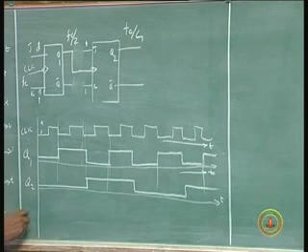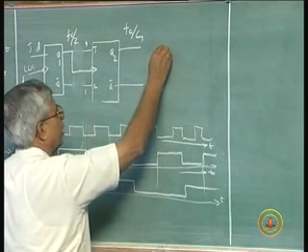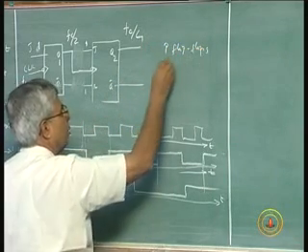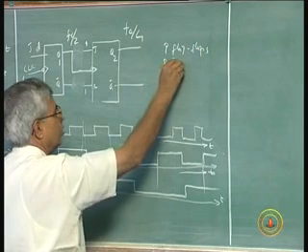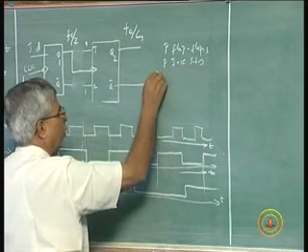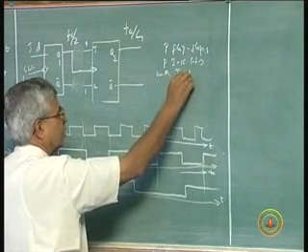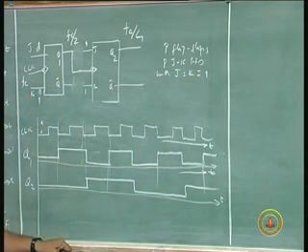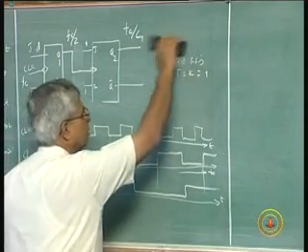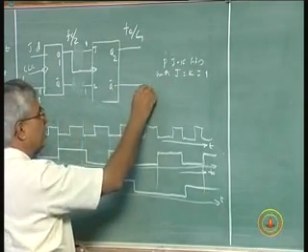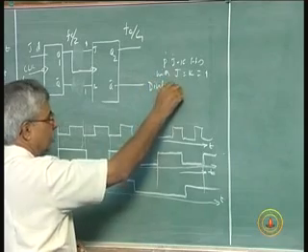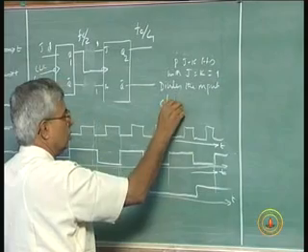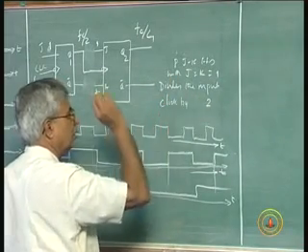So if I have N flip-flops, let us say P flip-flops, P JK flip-flops with J is equal to 1, K is equal to 1, divides the input clock by 2 power P.